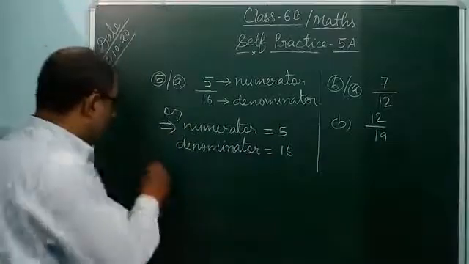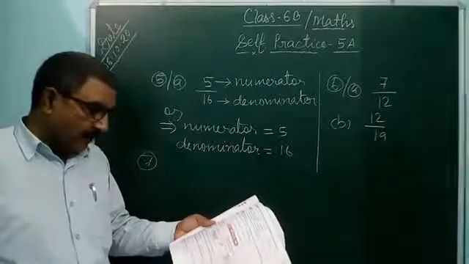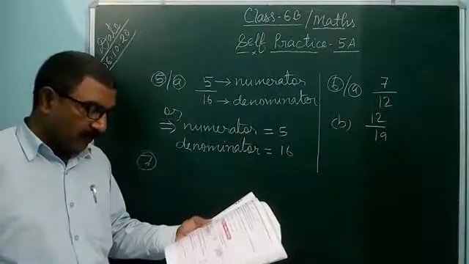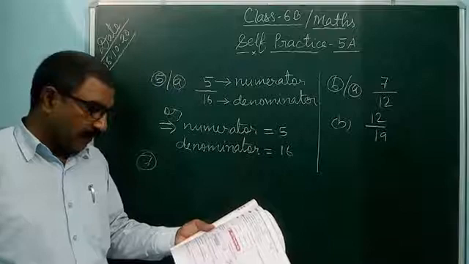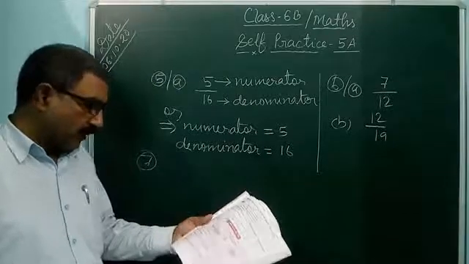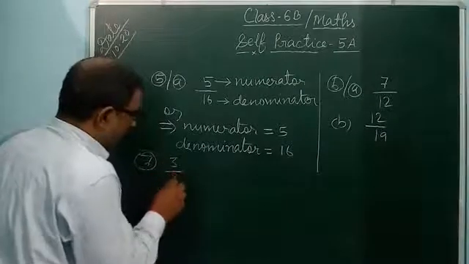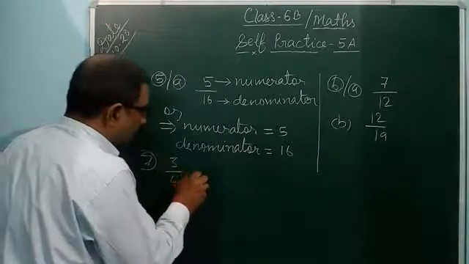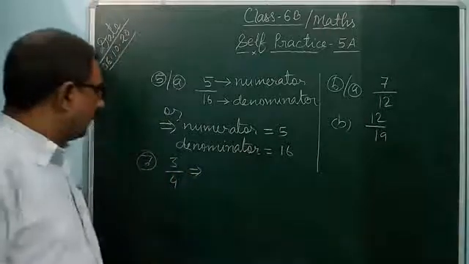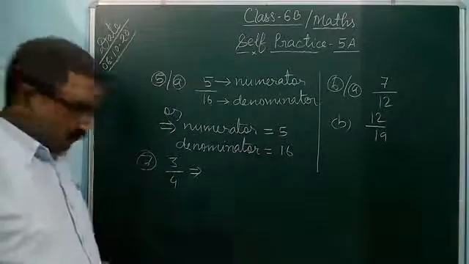And question number 7, very easy. This is a very easy exercise. Name the fractional number for each of the following. 3 by 4. What can you write?